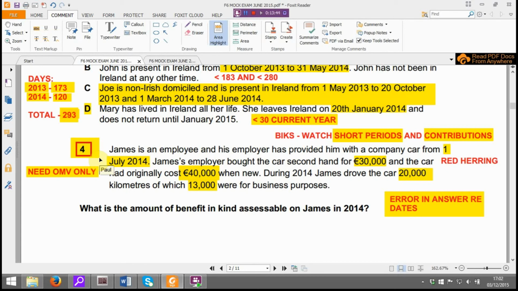So really what we have is, how do we calculate a car benefit? And the basic rule, as I just said, is 30% times OMV. Now we look at the question, we'll see that there are a few just adjustments that we may have to make, subject to obviously periods and indeed any issues with regard to business mileage.